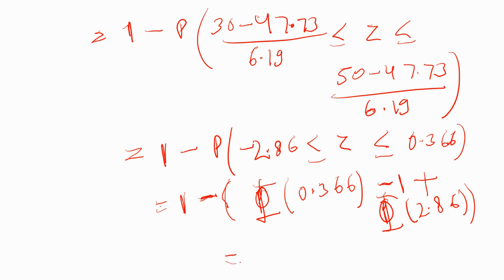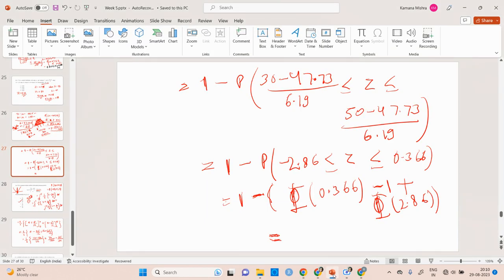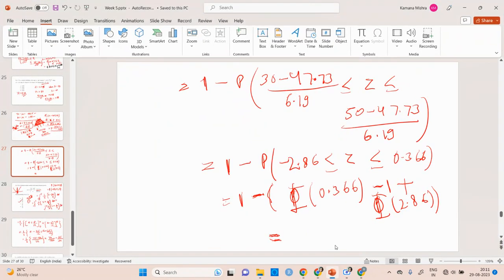So this will be 1 minus phi of 0.366 and phi of 2.86. Phi of 0.366 is 0.6293, and phi of 2.86 is 0.9979. The sum of these probabilities is 1.6272.